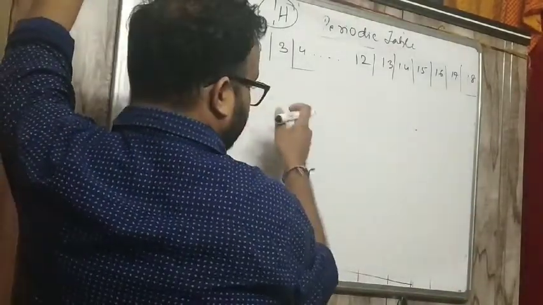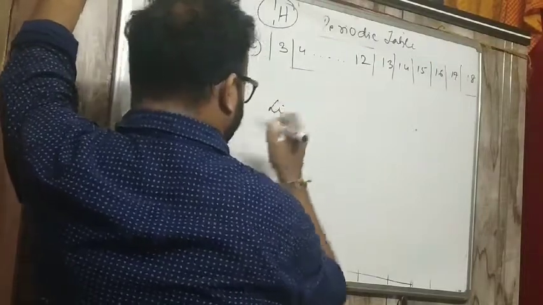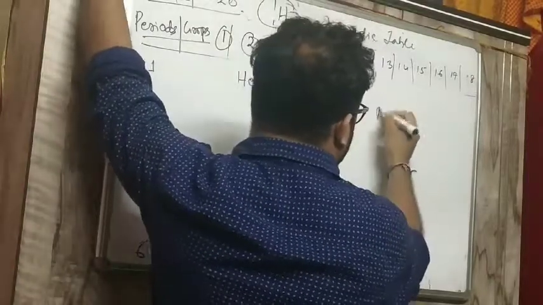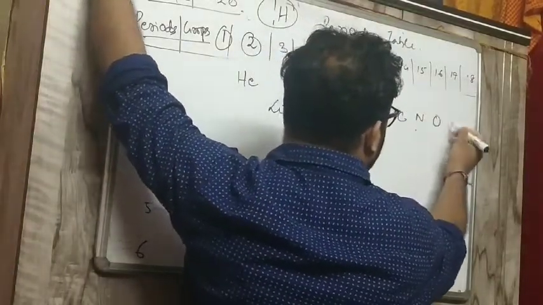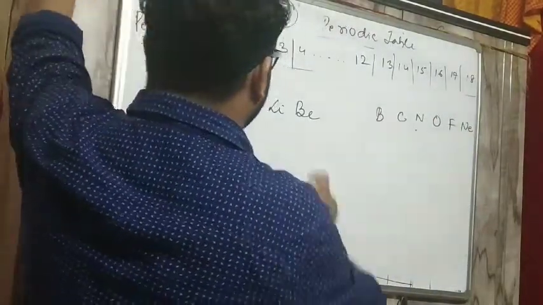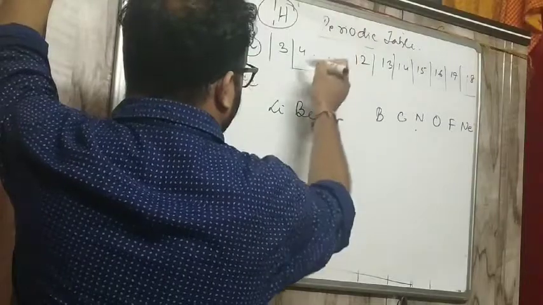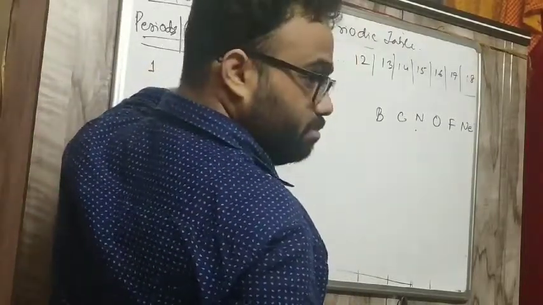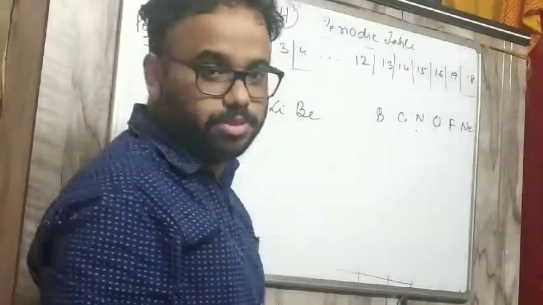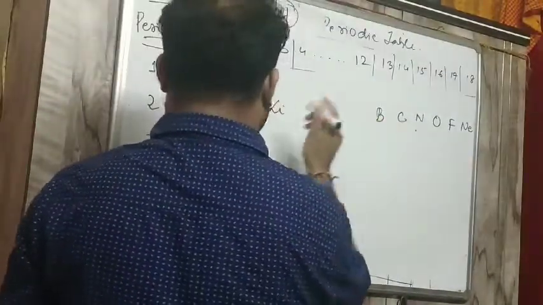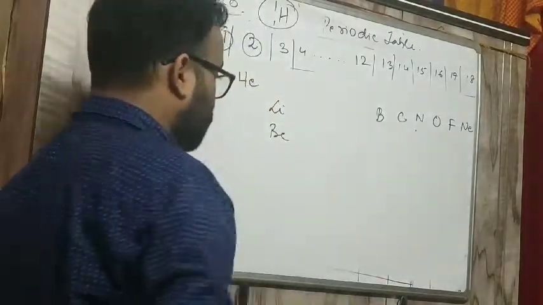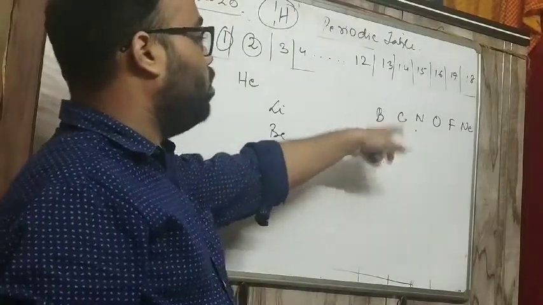In the second period you have lithium, then beryllium, then boron, carbon, nitrogen, oxygen, fluorine, neon. Helium is 2, lithium 3, and beryllium this way. So beryllium will be placed in the group like this, followed by boron, carbon, nitrogen, oxygen, fluorine, neon.